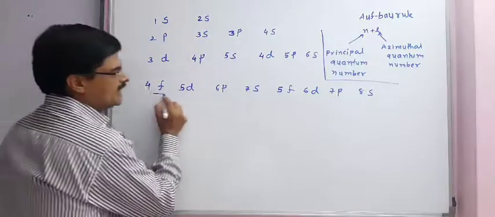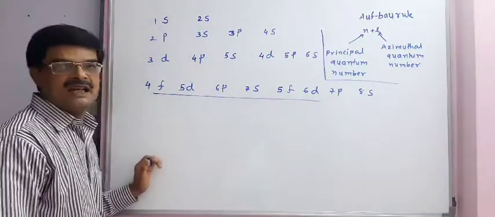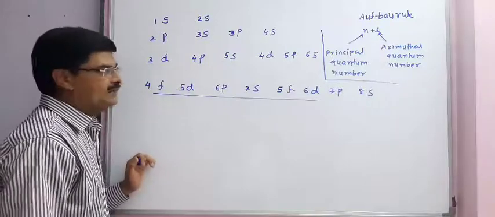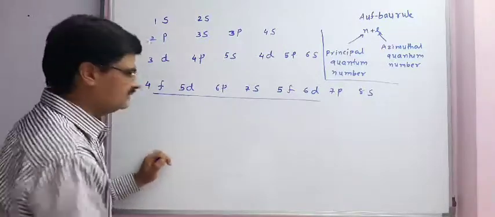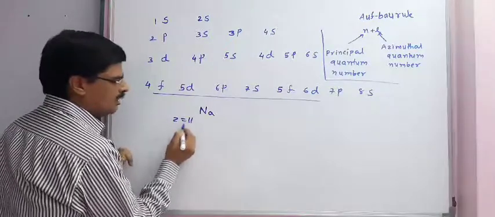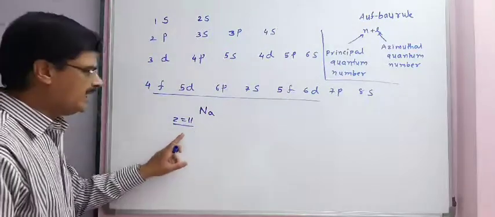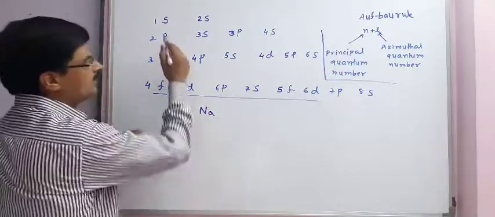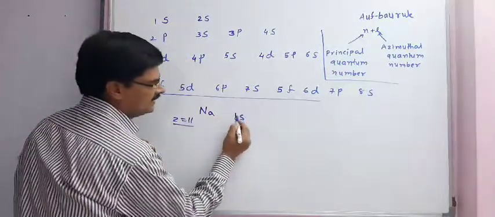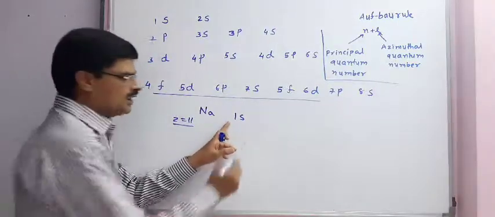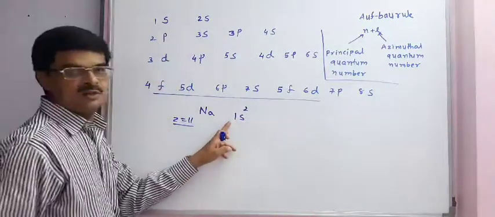Now after getting this knowledge, we can write the electronic configuration of any atom if the atomic number is given. Suppose sodium, Z equals 11. We have to fill a total of 11 electrons. The first subcell is s, which can contain maximum 2 electrons, so 1s2.